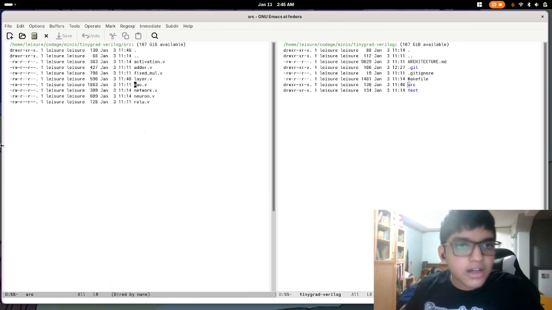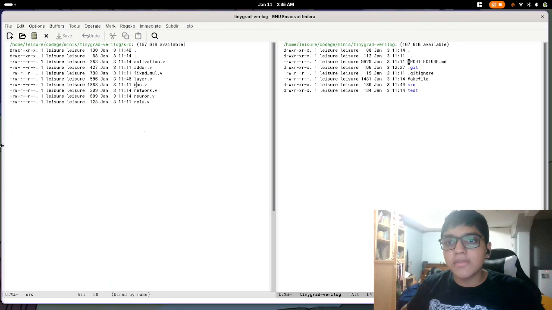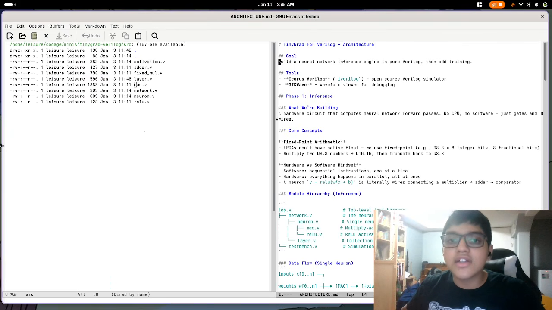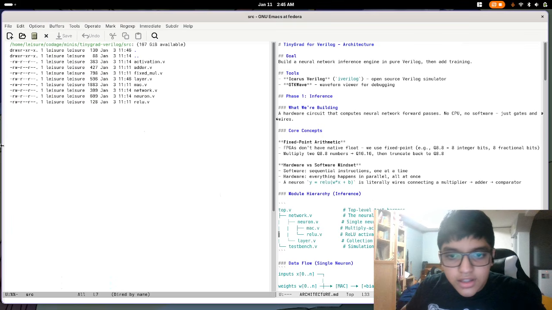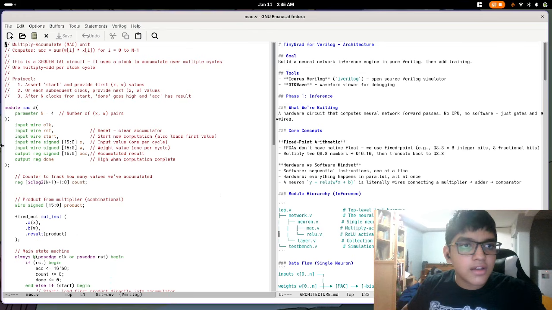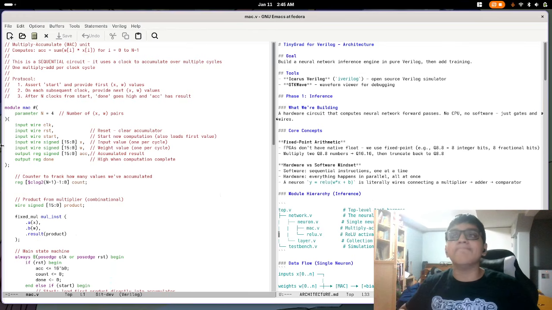Next up, let me look at this architecture file. Okay, this is outdated, I think. Here, this is the MAC unit, multiply accumulate. This is where Verilog starts to get interesting.